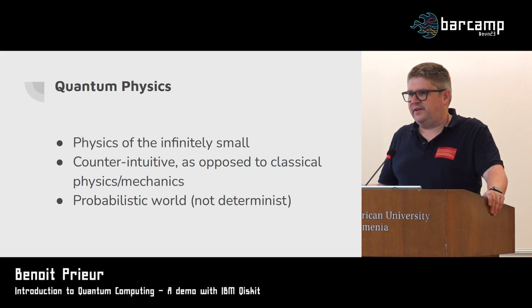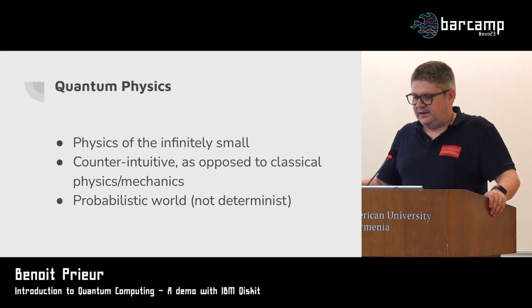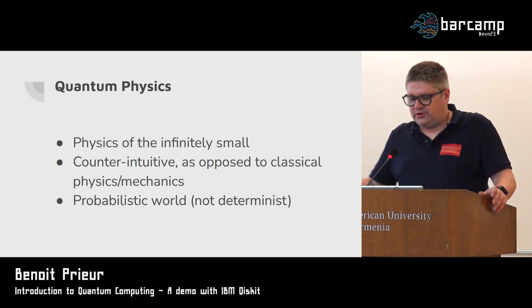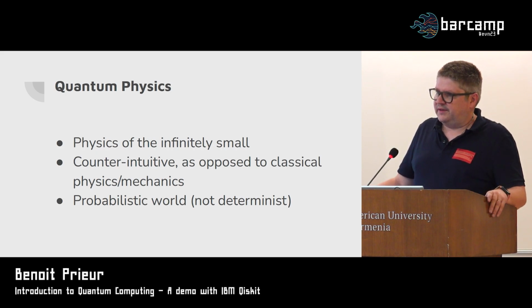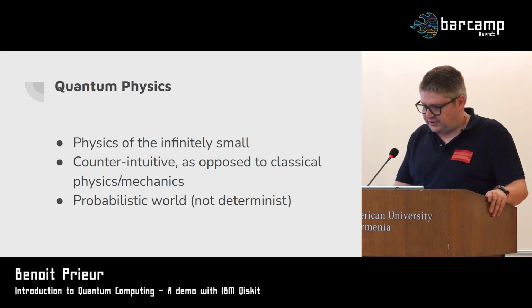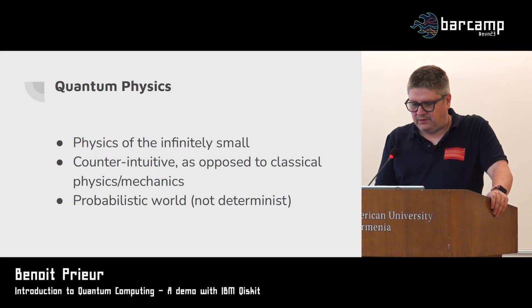If I have everything, the force on this object, the time, every data, I can clearly predict where this object is going when I throw it. It's deterministic. On the contrary, the quantum world is totally probabilistic. It's a question of statistics. So it's also counterintuitive.